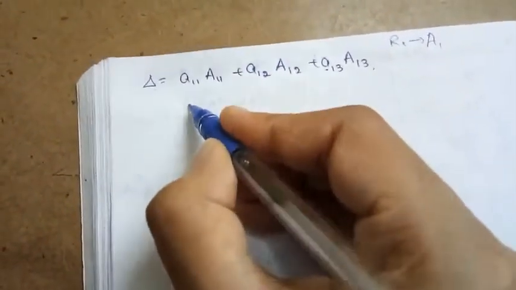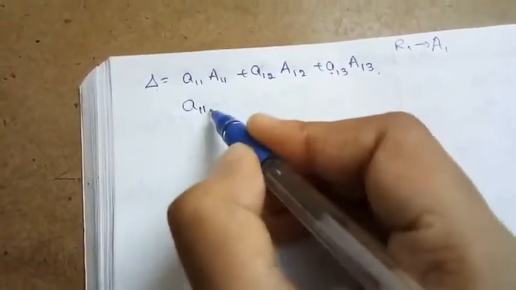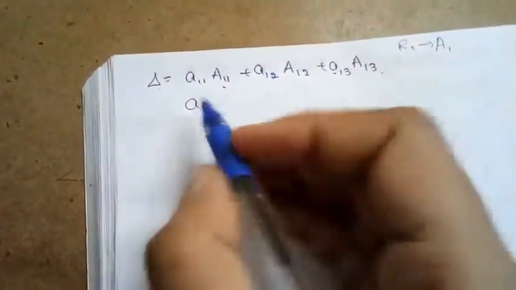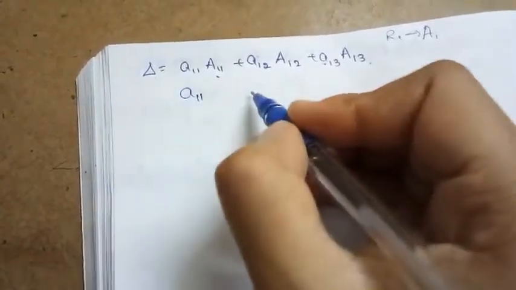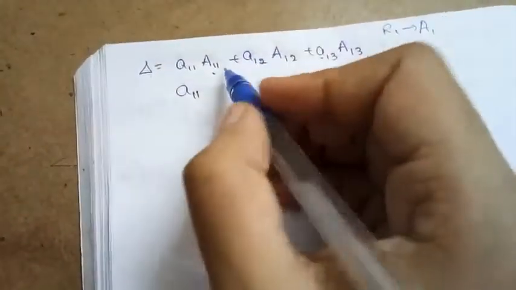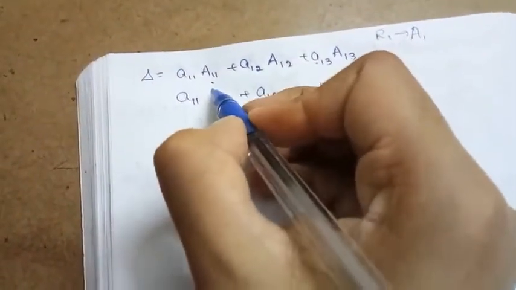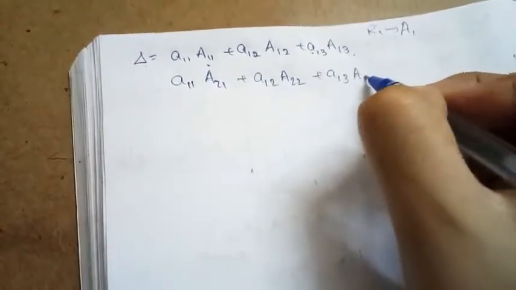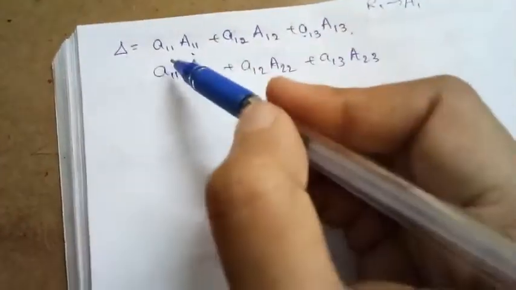Suppose I multiply the row 1 elements with the cofactors of a different row or different column. For example, I am considering the elements of the first row but multiplied with the cofactors of the second row, that is A21, A22 and A23. Understand what I am saying here?